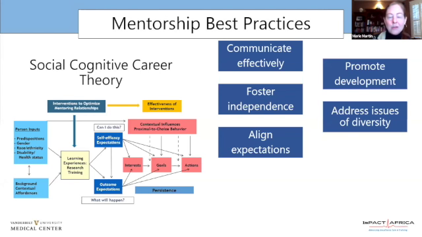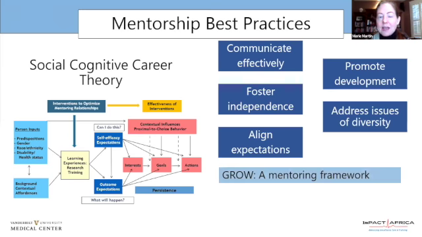So thinking about how you're setting them up to continue to grow their own mentorship skills, leadership skills, and abilities in a clinical environment. Addressing issues of diversity, recognizing that we are complex individuals and we may come to mentoring relationships with different backgrounds, different characteristics, and recognizing that in the mentoring relationship is crucial. And as I mentioned, really this idea of aligning expectations and using some frameworks and models to do so.